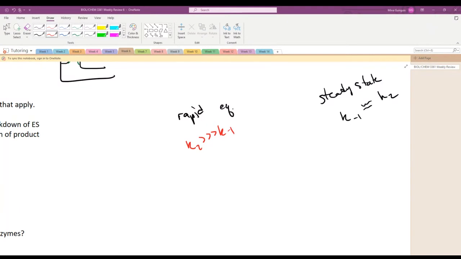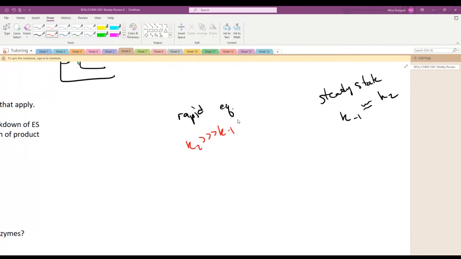Sorry, I just want to review my notes to make sure that I didn't get this backwards, because I always have to double check. Yes, okay.